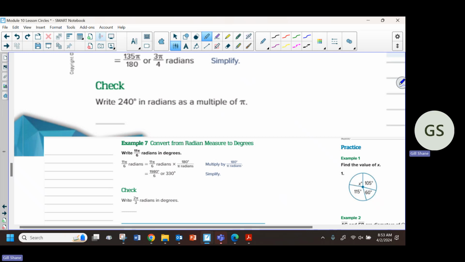That's your go-to, unless they give you the percentage of the circle already, like they did in the pie charts. I need to know 11/6 pi. What percentage of the circle is that? I want you to try to figure it out, and then we're going to go through a visualization thing.